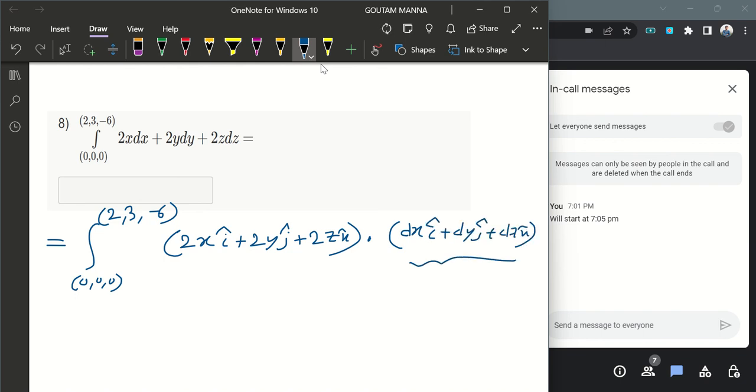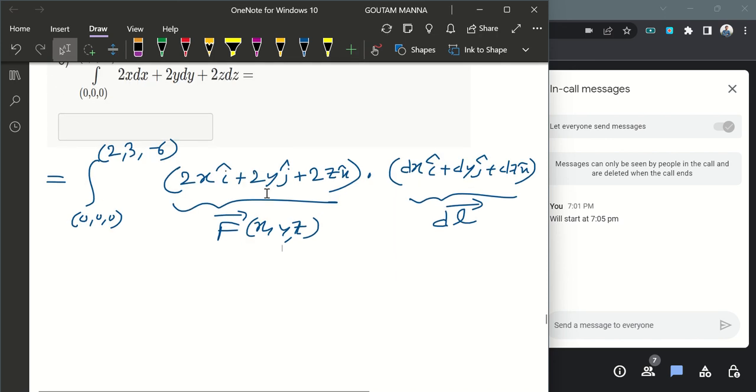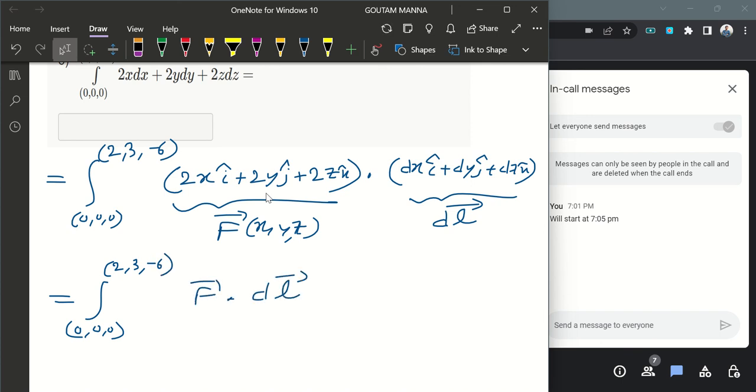So this is the dl, the elementary length vector, and let's call this f of x y z. So this is basically a line integral, from 0 0 0 to 2 3 minus 6 of f dot dl.